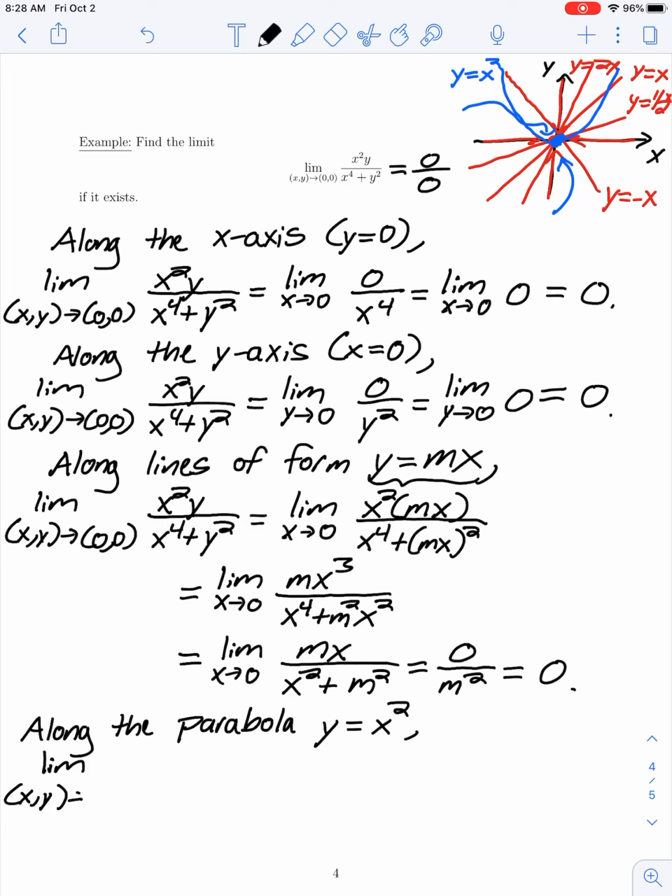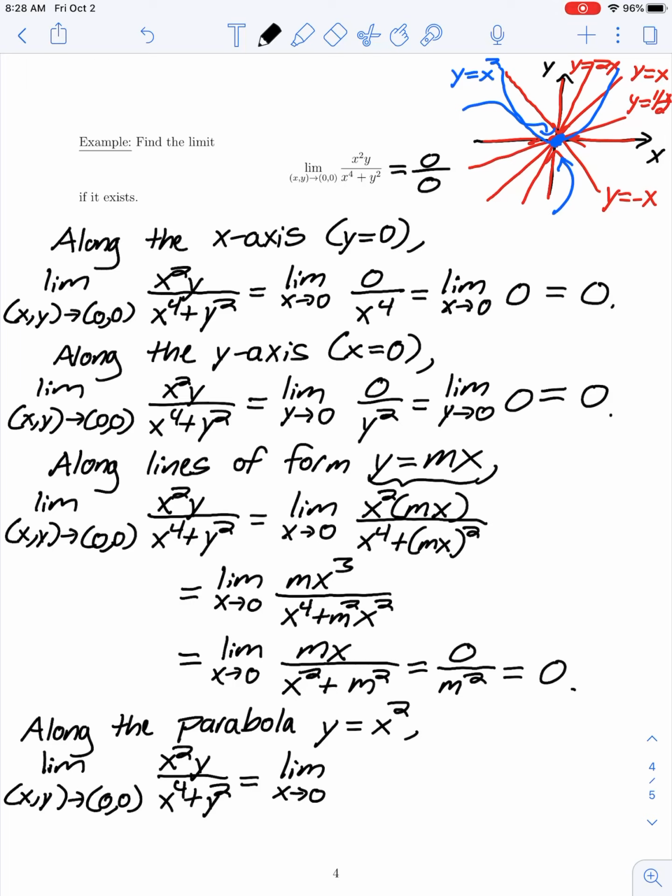If we consider the limit of our function as (x, y) approaches (0, 0) along this parabola, we can reduce to the limit of a single variable function as x approaches 0, by setting y equal to x squared within our function.